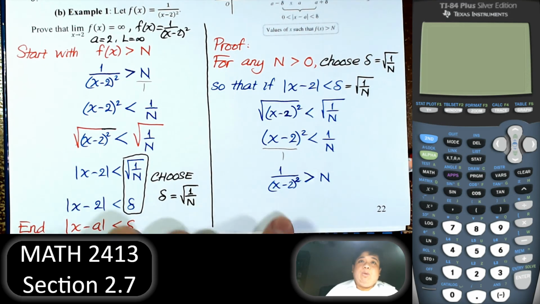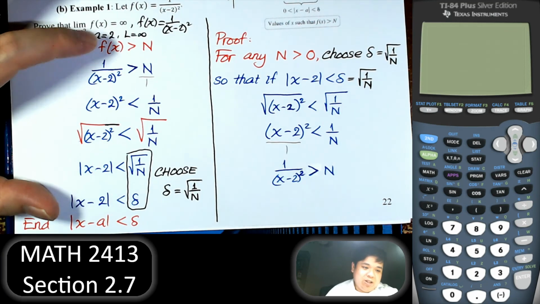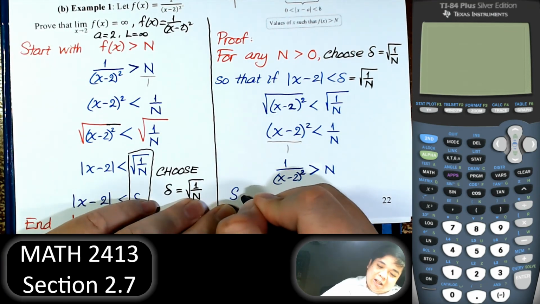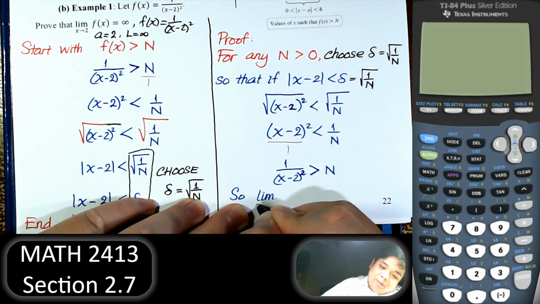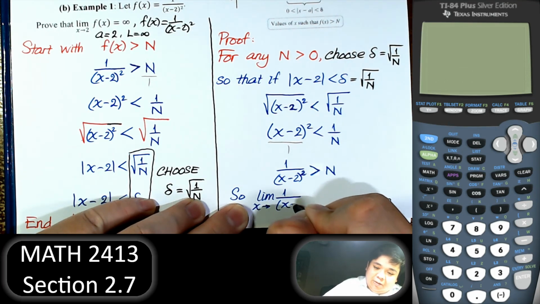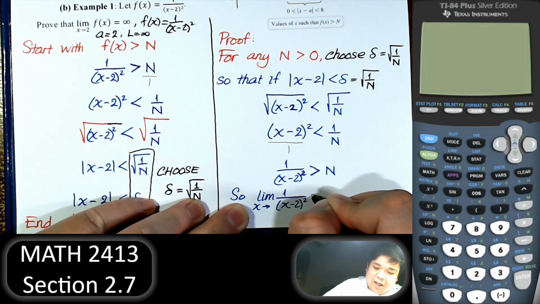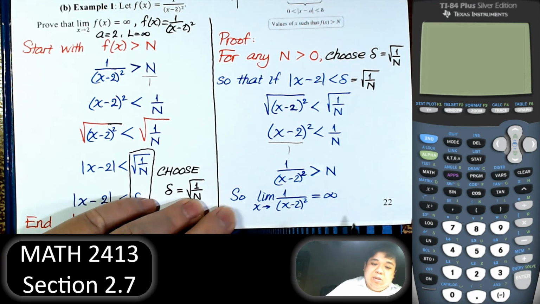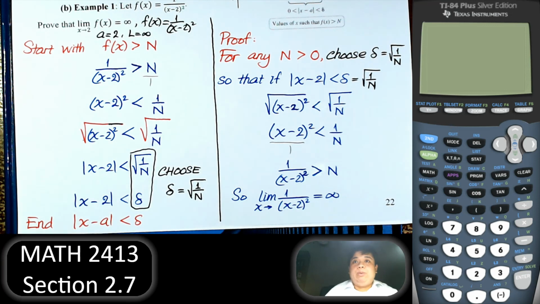Right. Now we have the function greater than n, which is that. So we can say the limit of this is equal to infinity, because we can make it as big as we want to. So that will go to infinity.